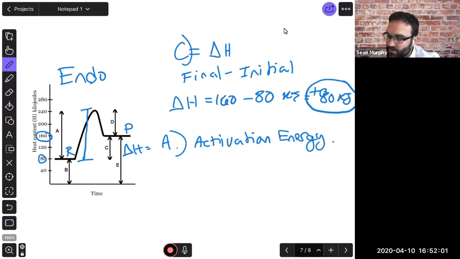And what do we get to? So our activation energy, or our E sub A, its high is 240, and then it starts at 80. Remember, it's not going all the way down to 0. It starts at 80 kilojoules. So 240 minus 80 equals positive 160.